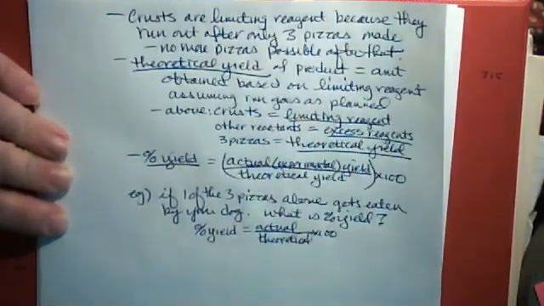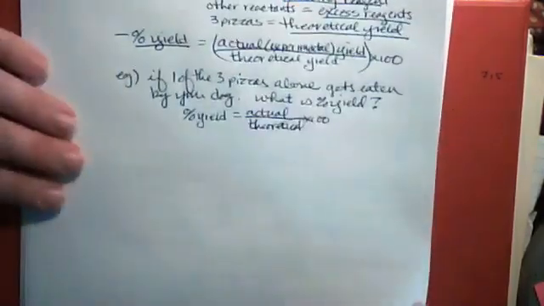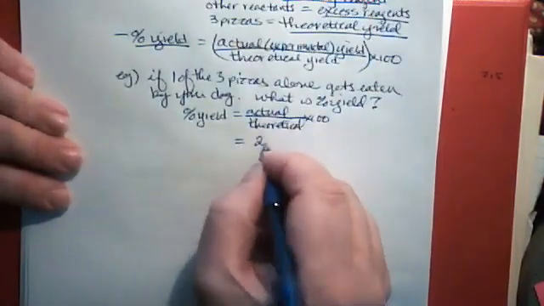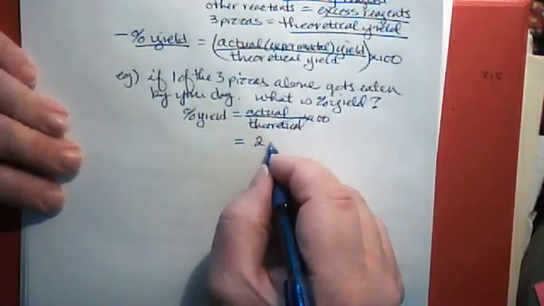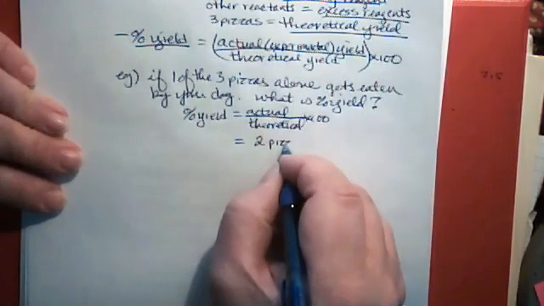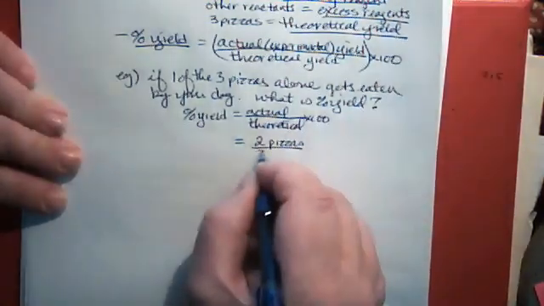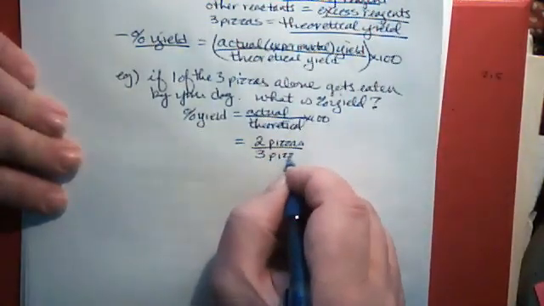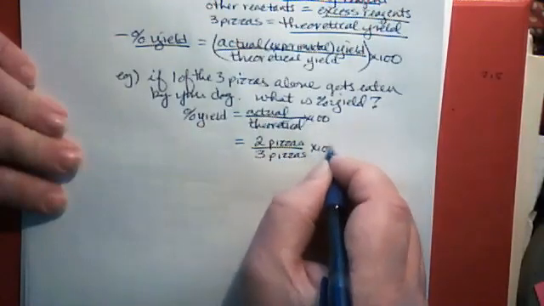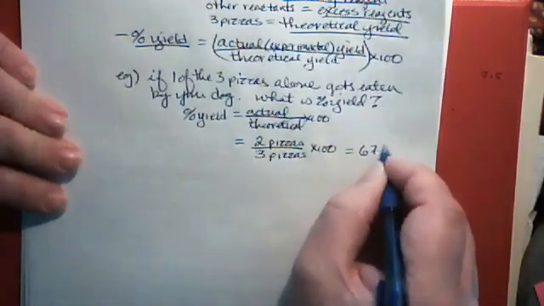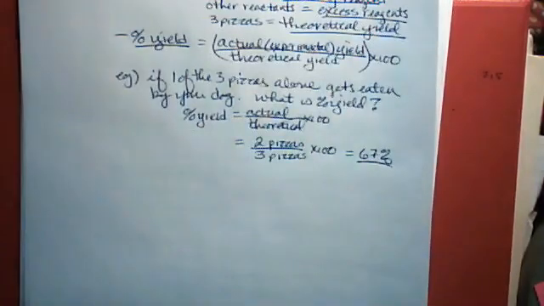So that's going to be the actual yield divided by the theoretical yield times 100, or 2 pizzas, which would be the actual yield, over 3 pizzas, which is the theoretical yield, times 100, which is 67%.